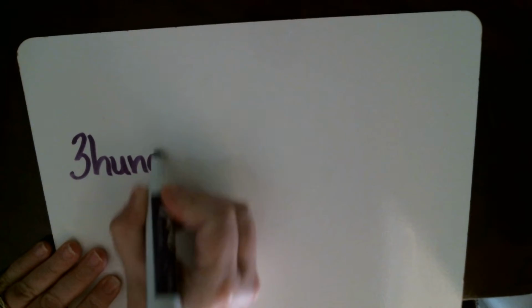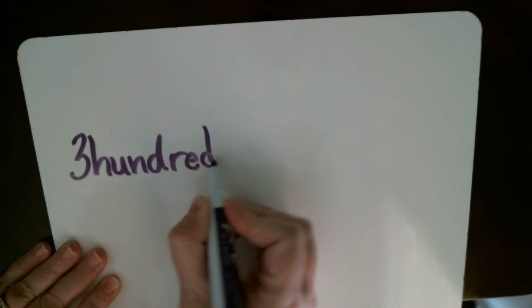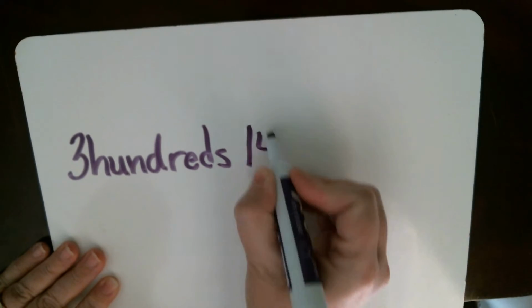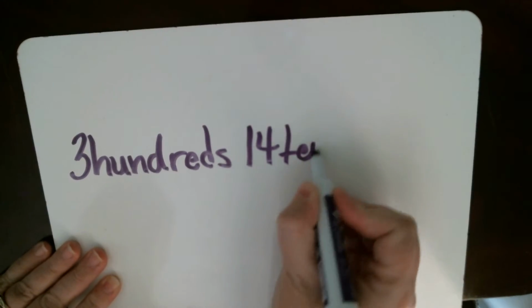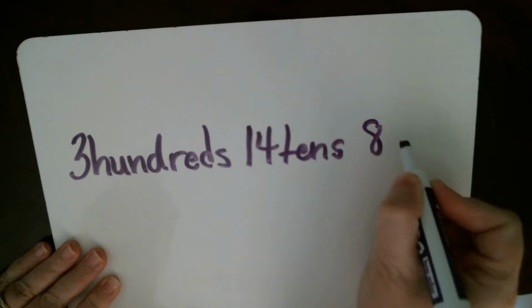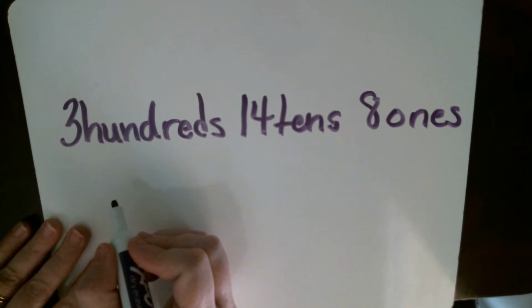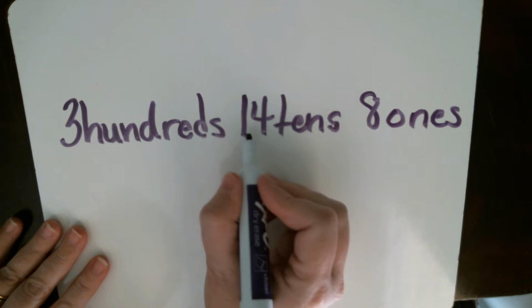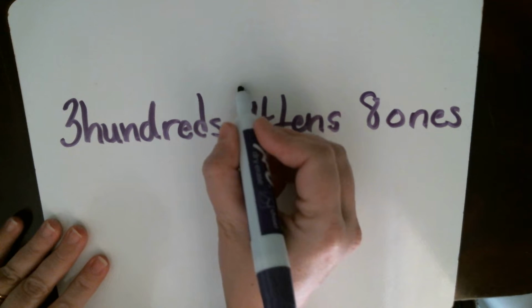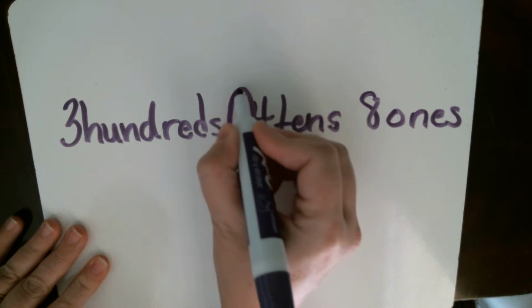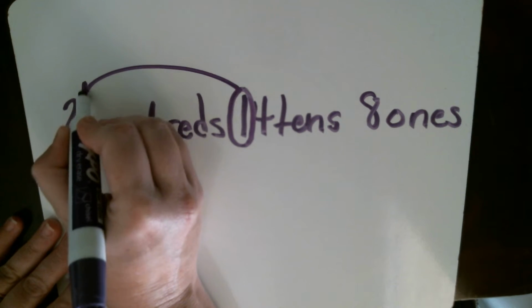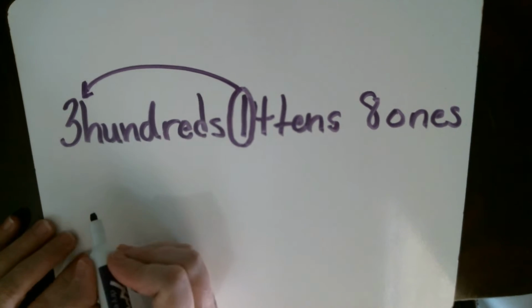So let's say I have 300s, 14 tens, 8 ones. Remember that when I have 14 tens, I have 10 tens here. And we know that 10 tens can be put together to make 100.